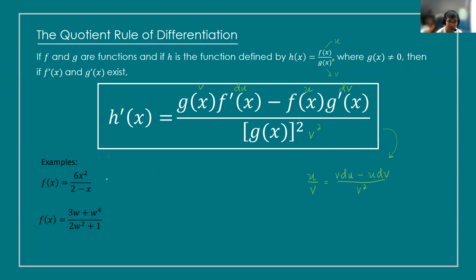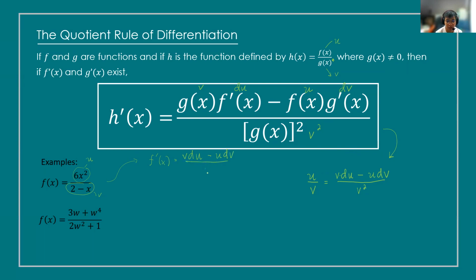So let's try this example for us to appreciate the formula. Getting the derivative f prime of x. This would be our u parameter, and this would be our v parameter. Applying the formula, v du over v squared. You may write the formula first to avoid confusion.